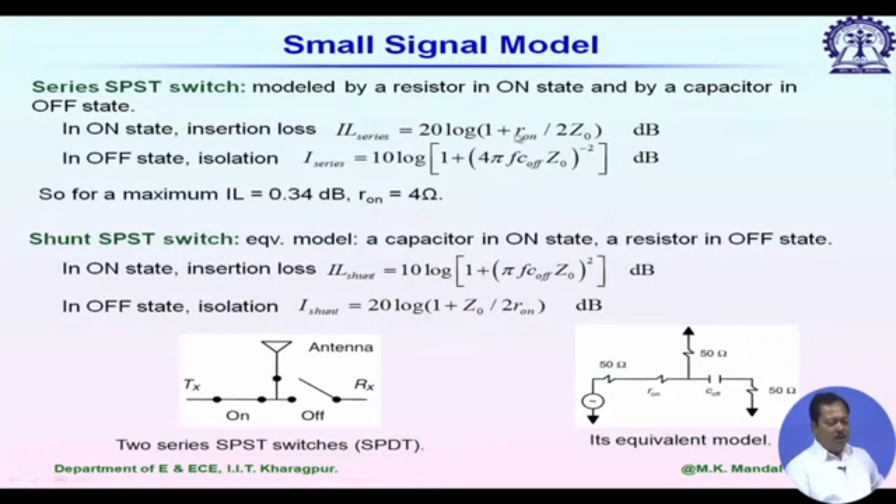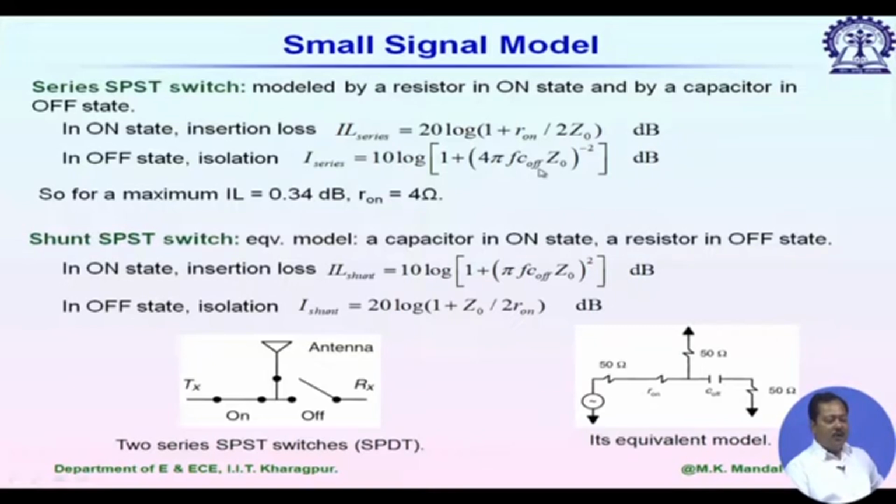If I look at the expression, insertion loss depends on R on, isolation depends on C off and operating frequency. So, if I increase the operating frequency for a given switch, what do we expect? Decreased isolation, because capacitive reactance decreases with increasing frequency.